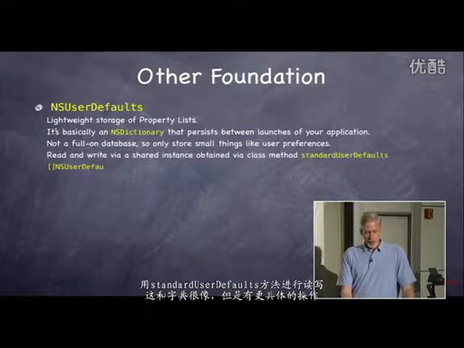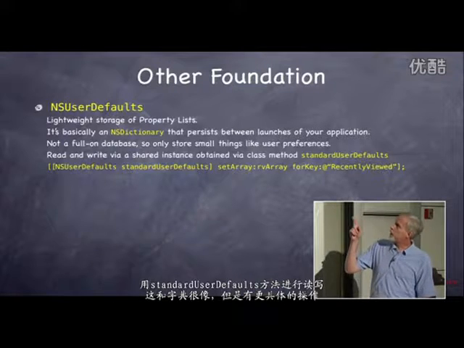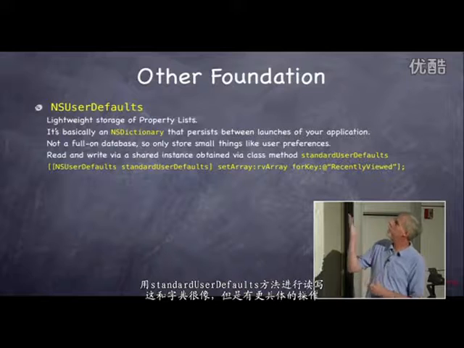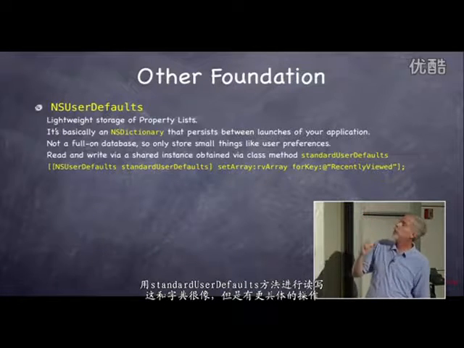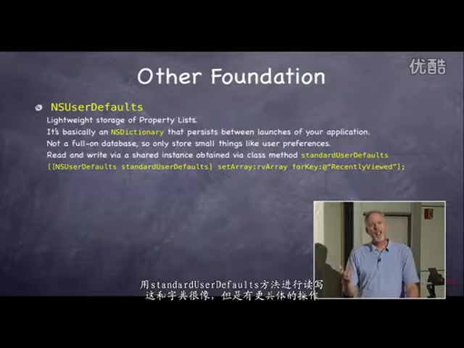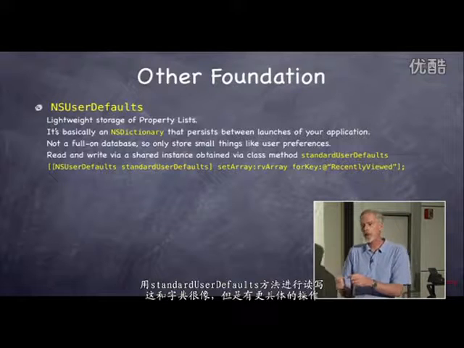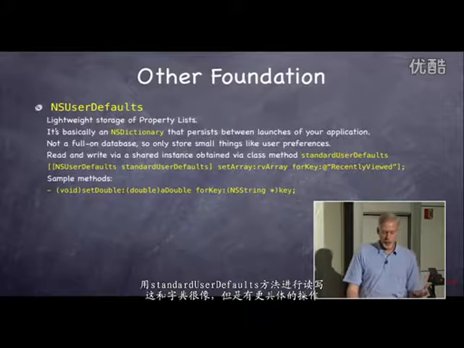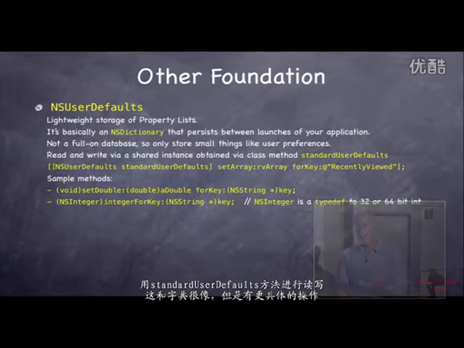You read and write by calling this class method in NSUserDefaults called standardUserDefaults. It gives you an object and you send it messages like setArray:forKey:. Okay, so it's kind of like a dictionary, but it's got specific messages like setArray:forKey:, set a double for a key, set an int for a key, get an integer for a key, okay? Set an object for a key.